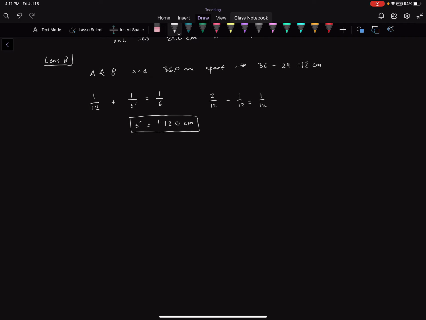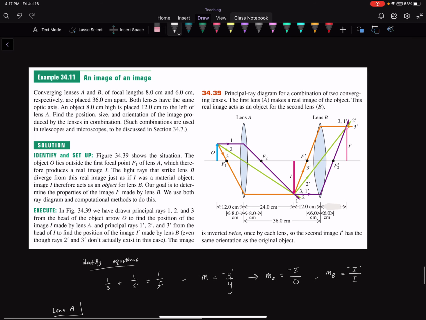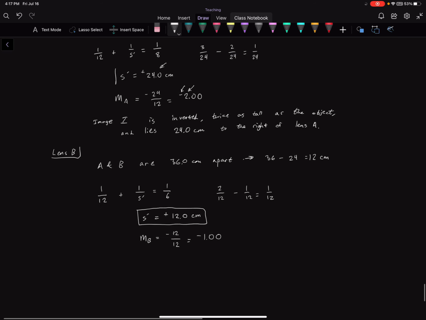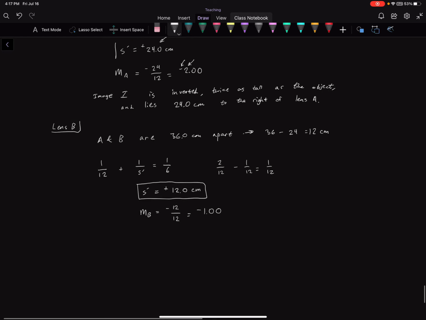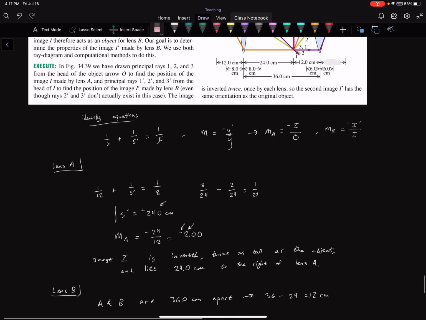And if we do the magnification of B, then we find that we get negative 12 over 12. And so what this means is not that the final image is 1 times the original object and inverted, because this is in reference to how it came to it.